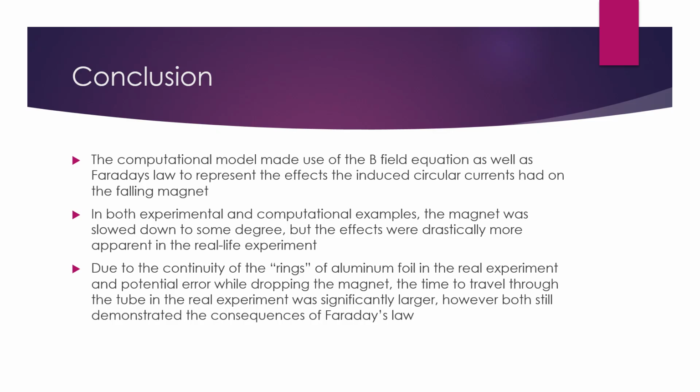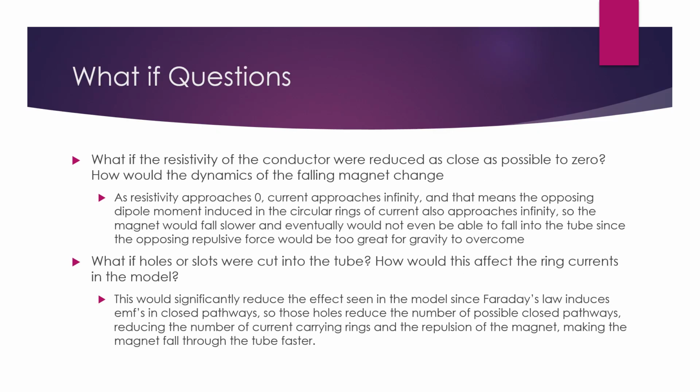It's a solid aluminum foil, which means there are essentially infinitely many tiny rings of width dl, and that continuity helps demonstrate the effect to a greater extent. However, both still demonstrated some understanding of what happens when you drop a magnet through a conducting tube.